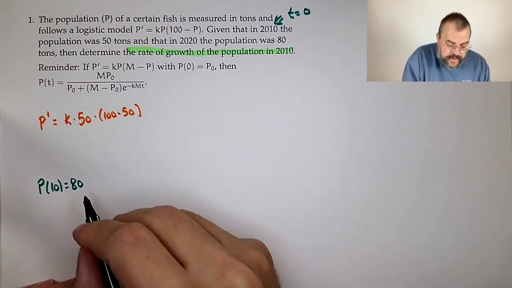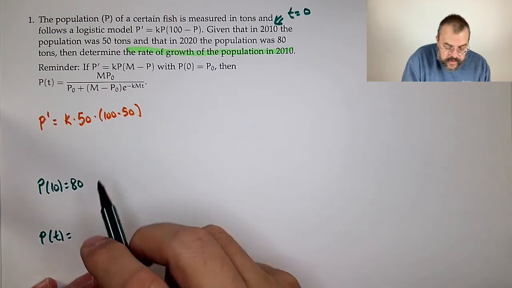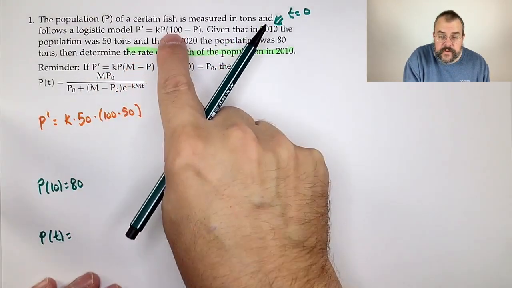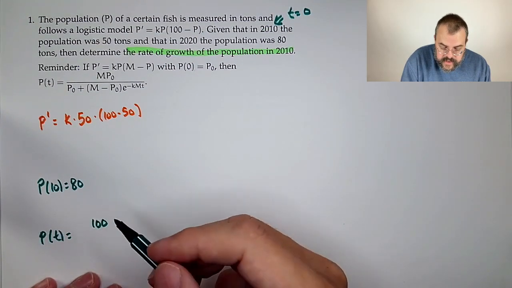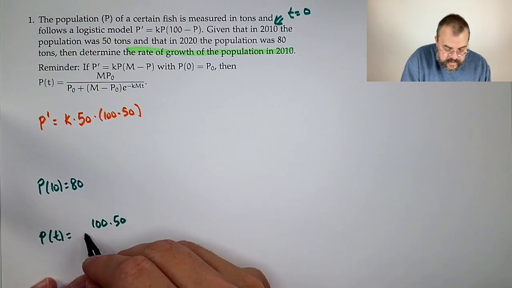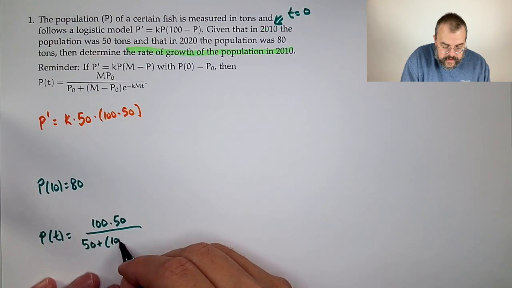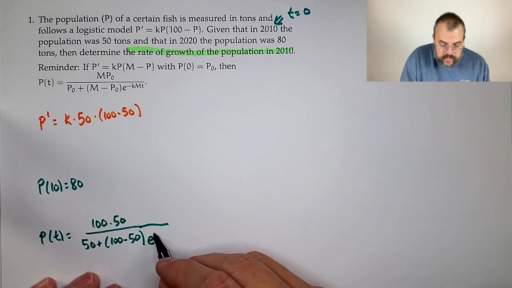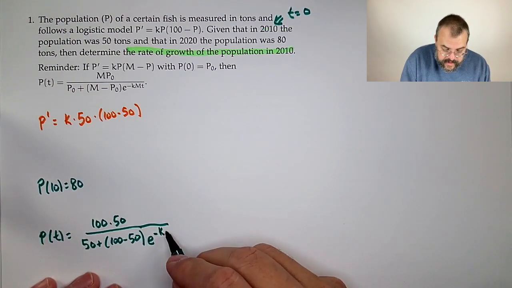But we can also say, we know that in general P of T is what? Well, M would be 100. That's right there. That's M, so it's 100. The initial population, P0, is 50. Divide that by 50, the initial population, plus 100 minus 50 times e to the minus k, which we don't know, but we do know M. That's still 100.